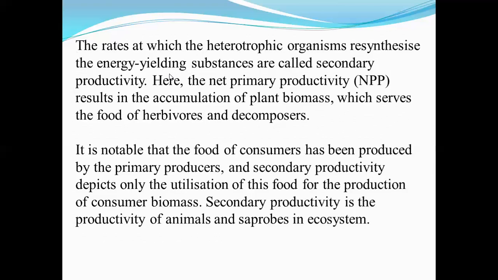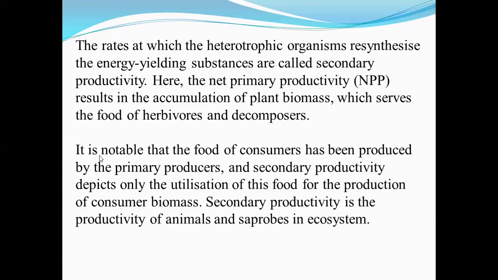So here, the net primary productivity results in the accumulation of plant biomass, which serves as the food of herbivores and decomposers. That is what we have just now discussed. Whatever is there in the plant as accumulation of biomass, that is net primary productivity, that only is available for the herbivores.